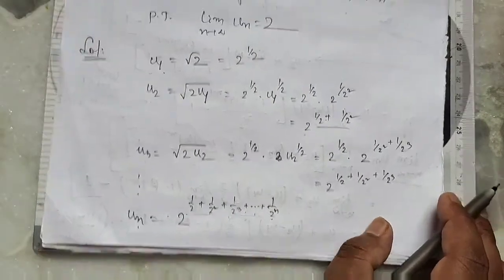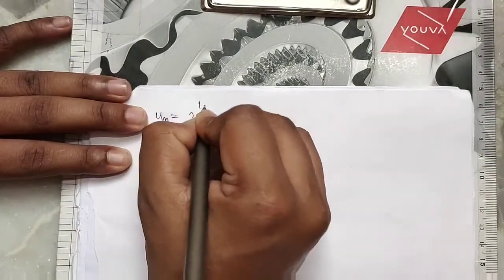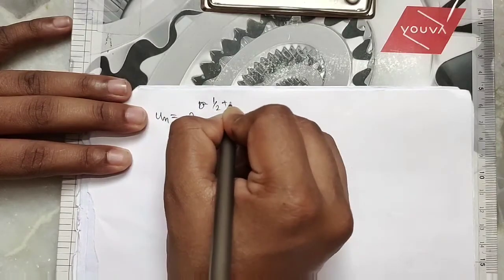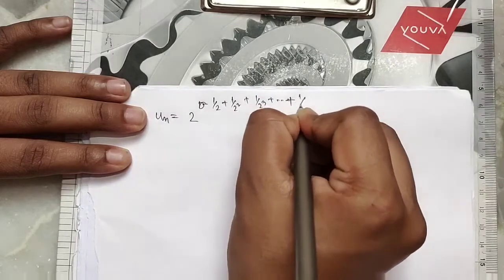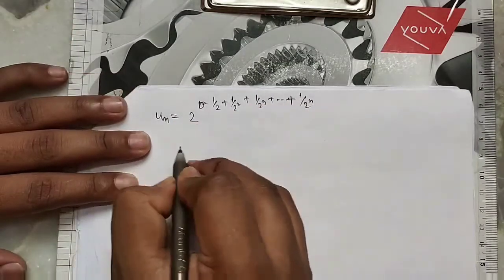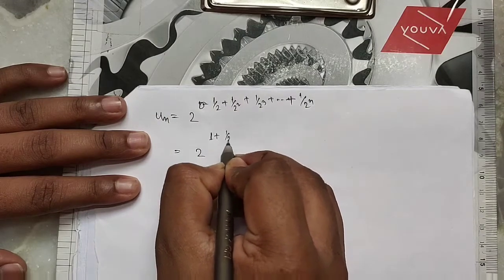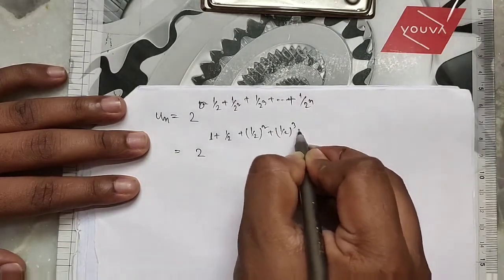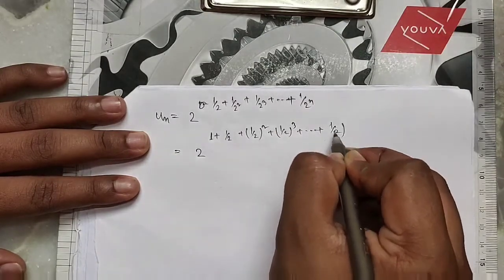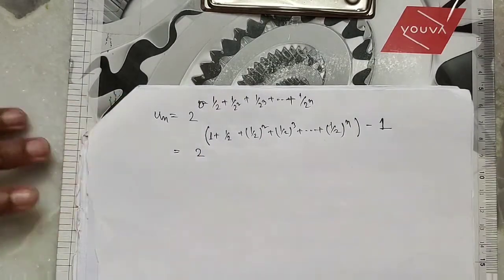Now we calculate this. Okay, so our un is 2 to the power (1 by 2 plus 1 by 2 square plus 1 by 2 cube plus ... plus 1 by 2 to the power n). So this is equal to 2 to the power (1 plus half square plus half cube plus ... plus half to the power n, minus 1).